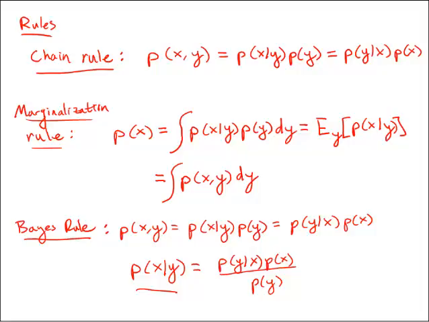Because Bayes' rule is often applied to the idea of trying to learn about a random variable given some observation as well as some prior knowledge, each of the terms here has a separate name. So p of x is called the prior over x. This tells you your prior knowledge of what you thought the variable x was likely to do or to be.